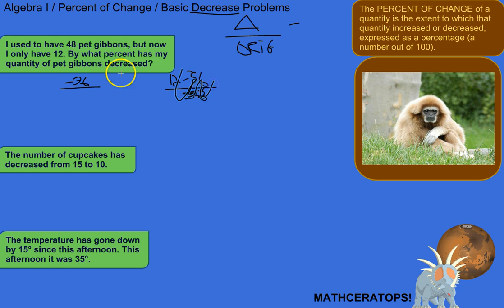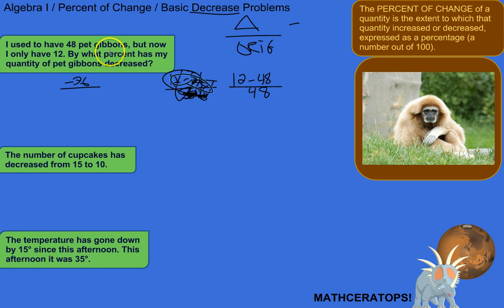But just think about this logically. Wait, this was wrong. This should be what I have now minus what I used to have over what I used to have. That's what it is. I'm thinking about too many things at once.